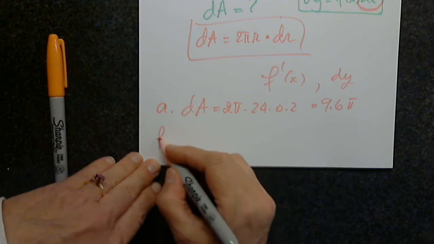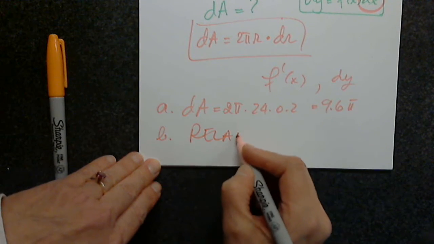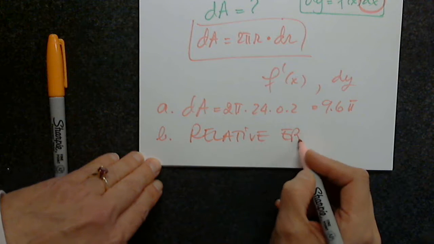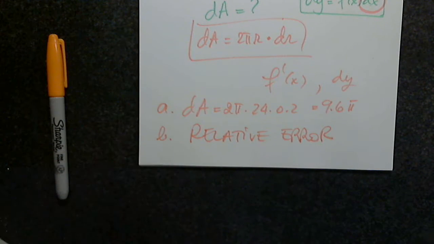Okay, let's talk about relative error. The relative error is always determined as a ratio. The change divided by the actual. It's a percentage of it, okay? It does not have measurement units.